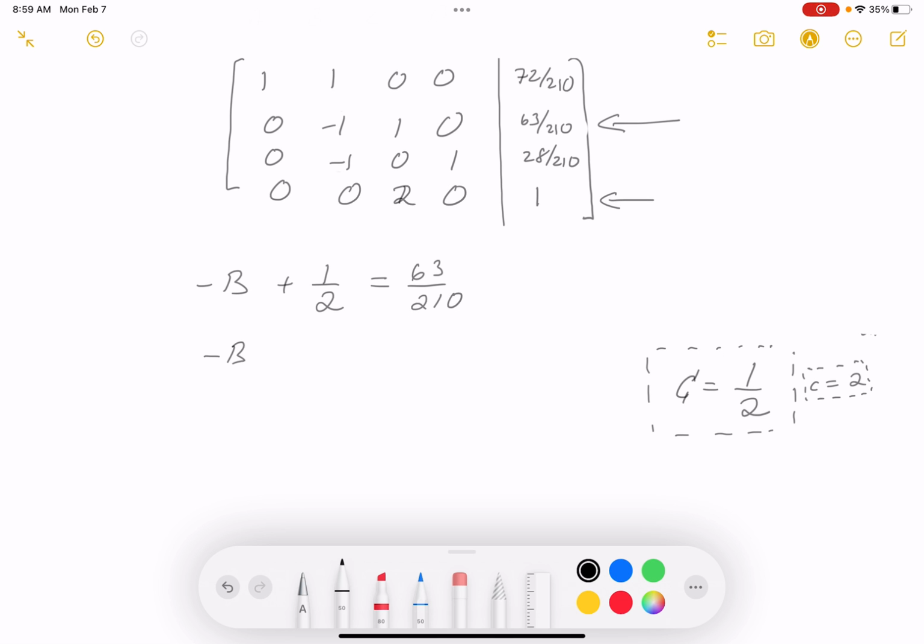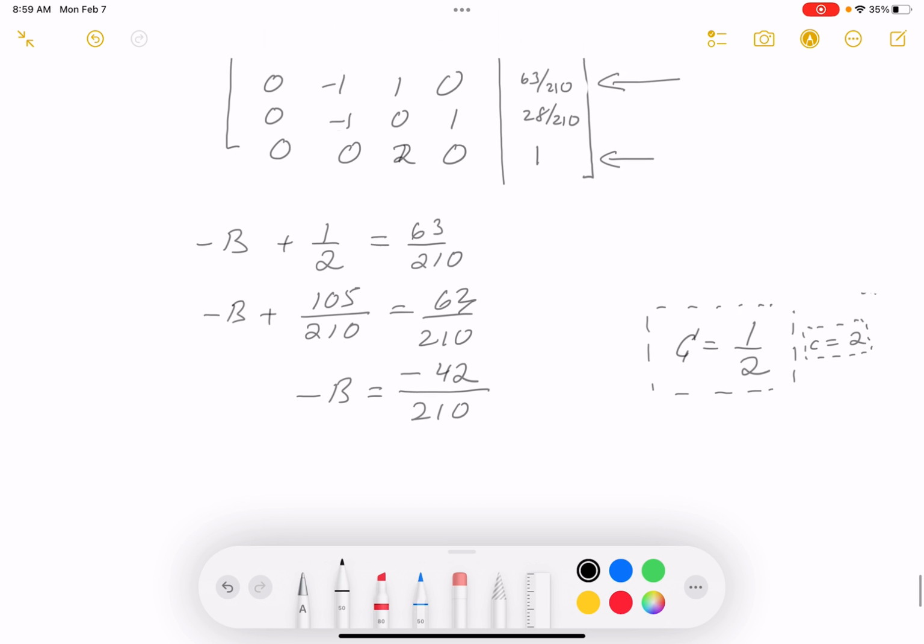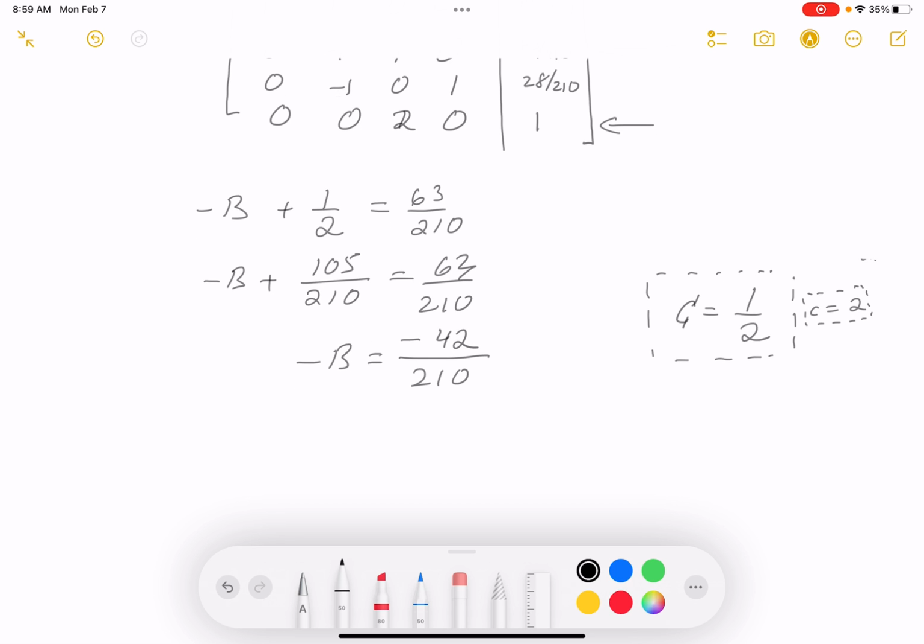Minus b plus 210, that would be 105, right? Equals 63 over 210. So minus b is going to be minus, I'm trying to do the arithmetic now. Let's see, 37 and 5, 42. Well, let me write this down.